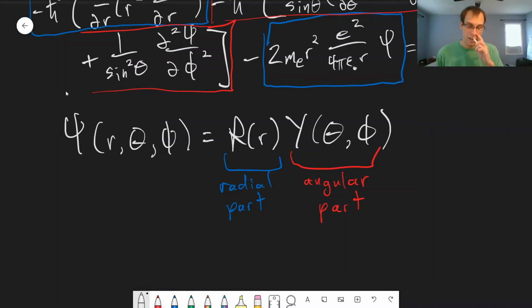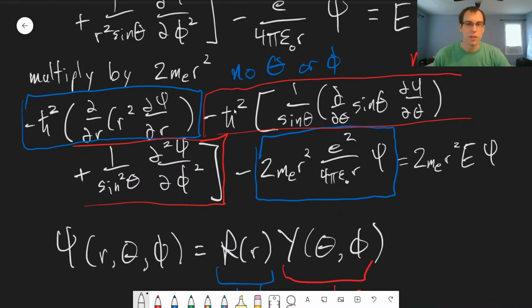In fact, the angular part, this is just the exact same as the rigid rotator. If we go back to this equation up here, this part circled in red is the exact same as the derivative that we saw for the rigid rotator. Once we get rid of all the r's, it's just the angles, and that's the same as the rigid rotator.